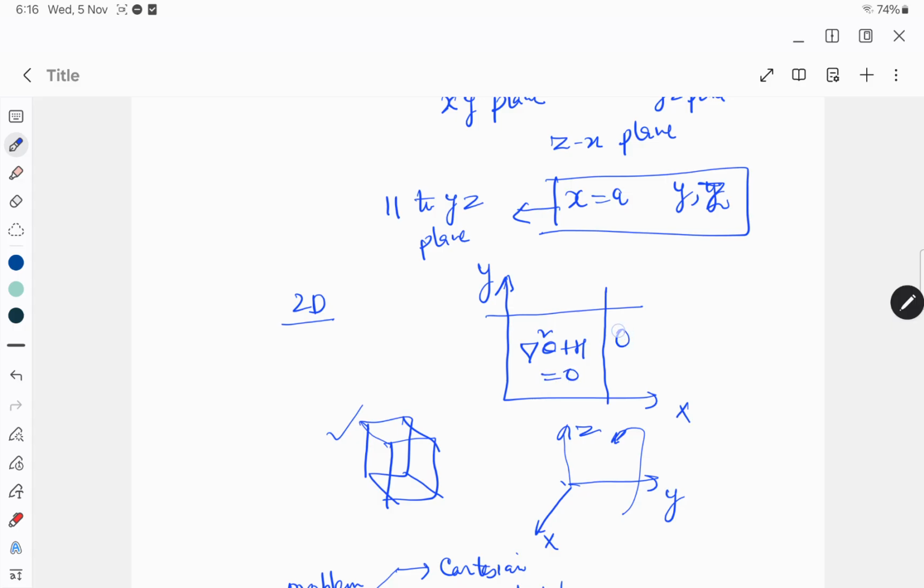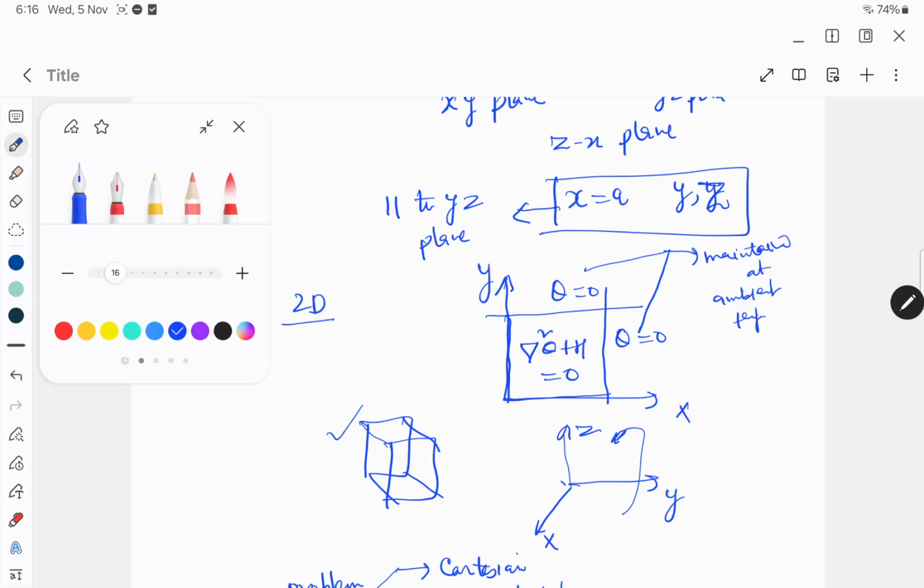This is the equation you have to solve. Suppose this side is theta equal to 0, and this side is theta equal to 0, maintained at ambient temperature, and there is insulation on the other two sides.